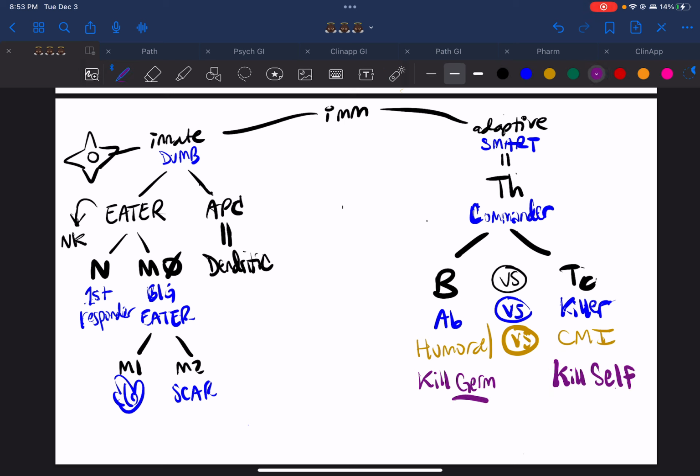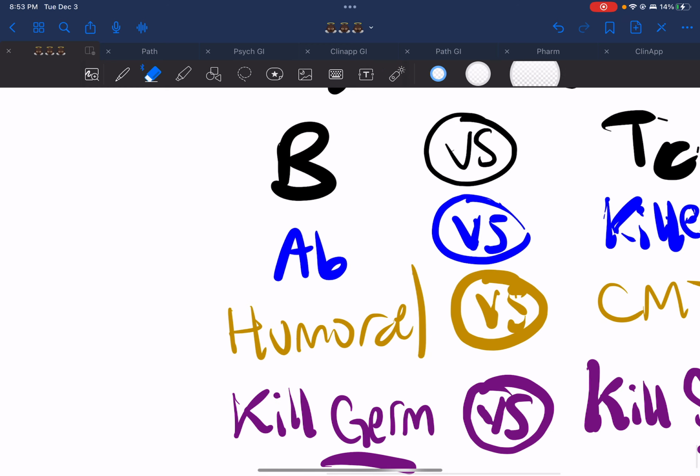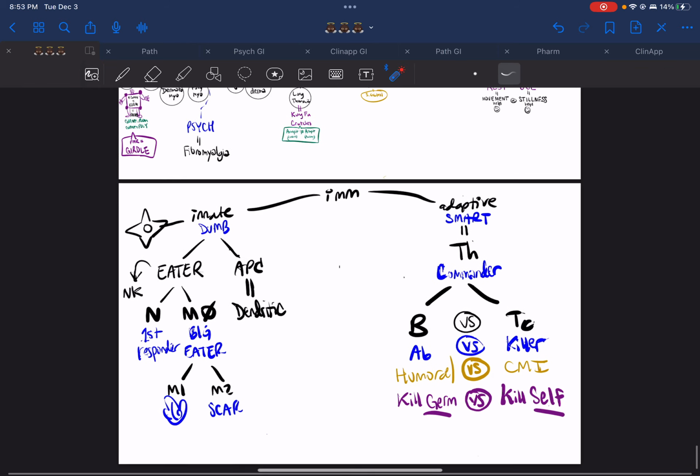So you can see there's a very distinct difference between B cells and killer T cells. It's two very different ways of handling the situation. Antibodies are basically like bullets, guns, right? The B cells shoot out these antibodies. So it's like guns, long range, versus CMI is not long range, it's close range.